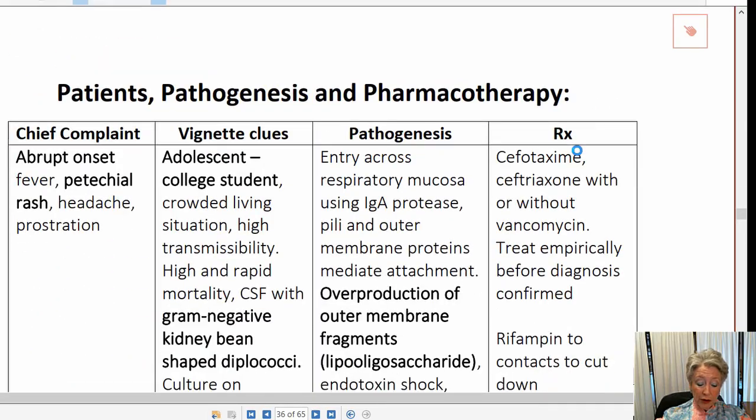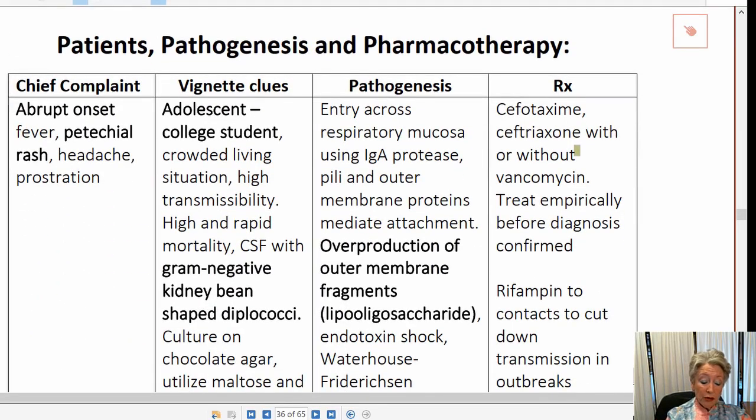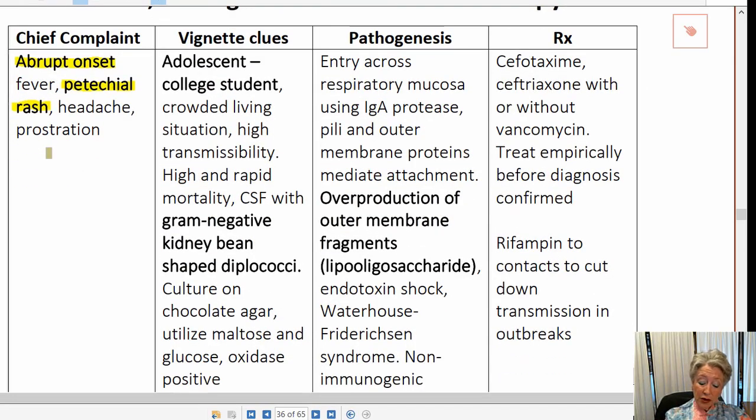But as we look first at the meningococcus, realize we're talking about agents of meningitis now. And so I'm going to have a very abrupt onset of high fever, headache, prostration, and a petechial rash, which becomes one of my most important criteria. Because remember, the thing about the pathogenesis of this organism and this genus in its totality is that it overproduces outer membrane fragments.